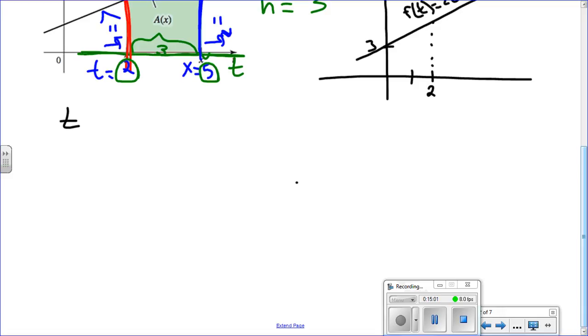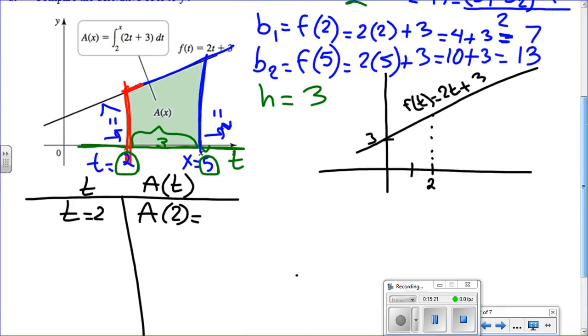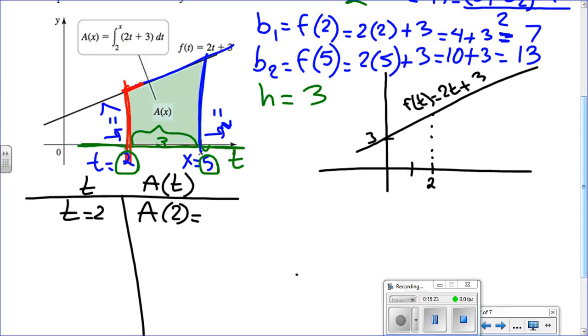so let's make a table. So this will be the area at 2, and since they want us to make a function that starts at 2, this will be our starting point.